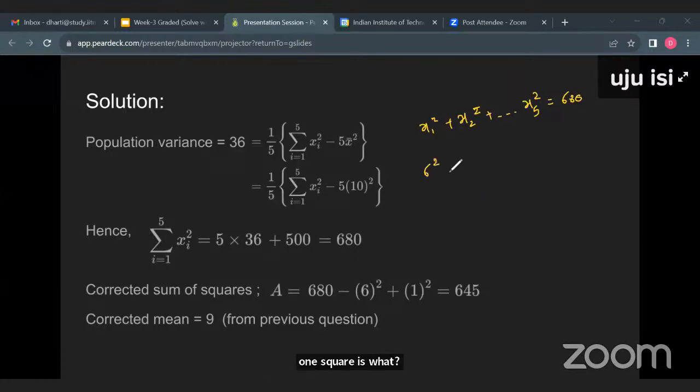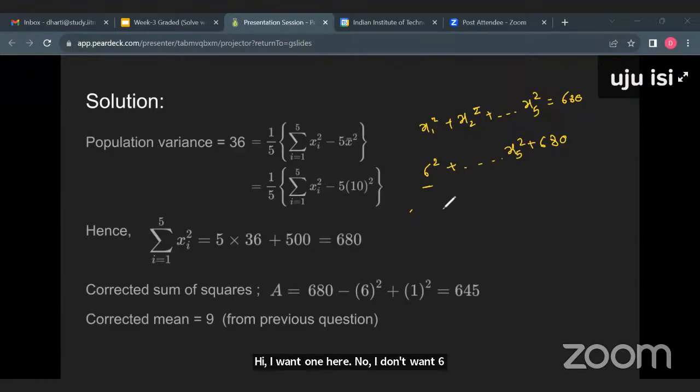Let's say my x1 is the wrong value, and the rest of the things are as they are, equal to 680. But they have asked the variance of the original data set. So 6 square, I can write as 5 plus 1, right? I want 1 here. I don't want 6 here.